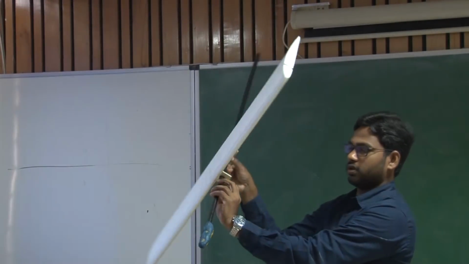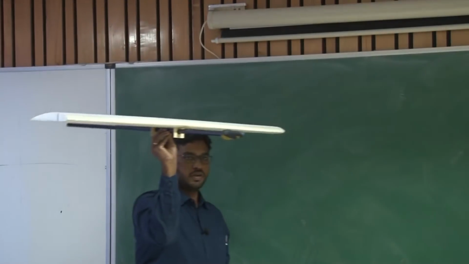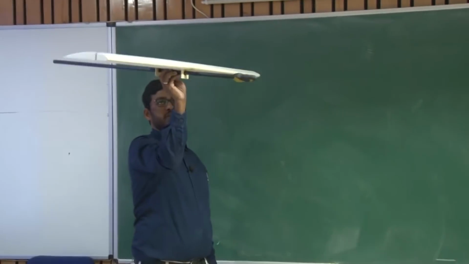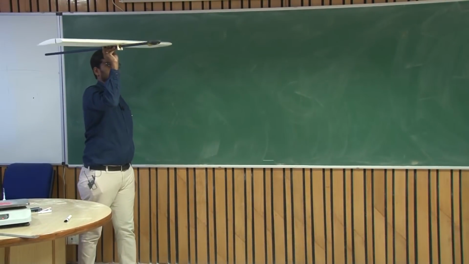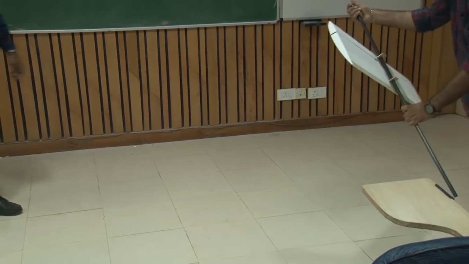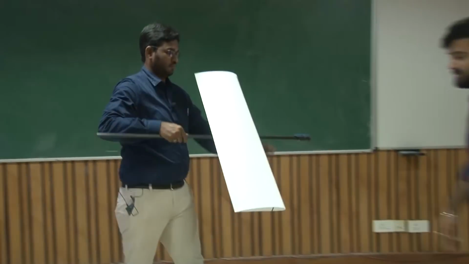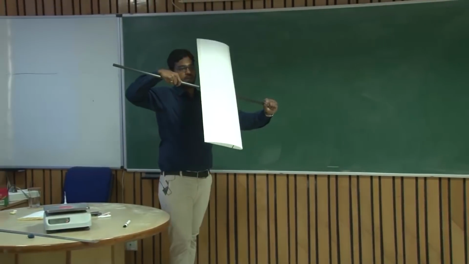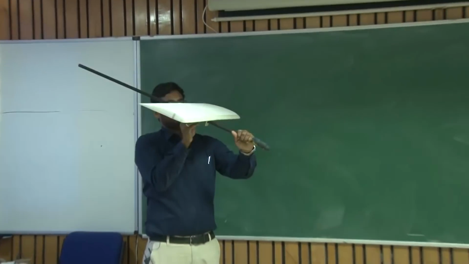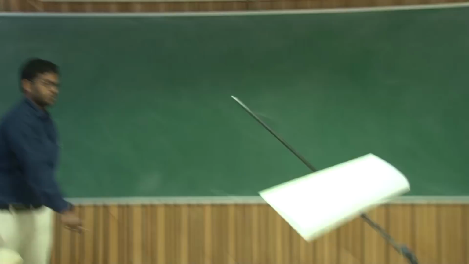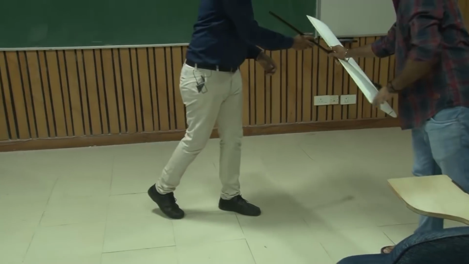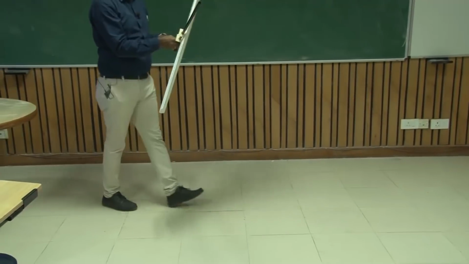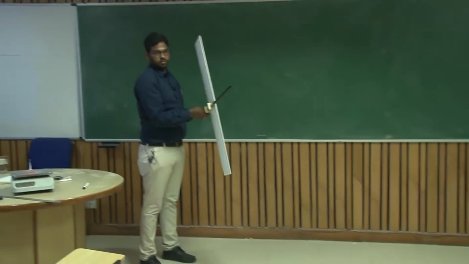So if I try to glide, I mean throw this wing with this particular CG setting, let us see what happens. See, there is a nose down, right? Immediate diving. There is no glide, it started diving down. With this particular CG setting, this model started diving down.